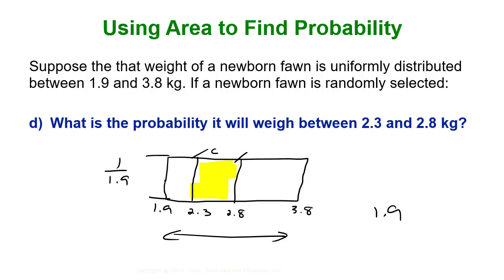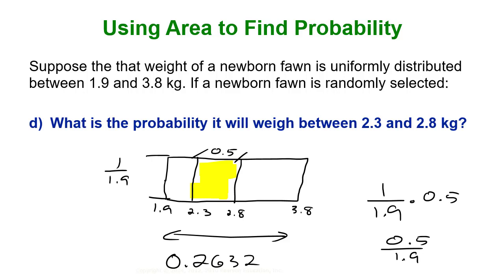The difference of those, which is 0.5. So the probability is just going to be my 1 over 1.9 times 0.5, which just gives us 0.5 over 1.9. Of course, you throw that into your calculator, and you're going to get an answer of 0.2632 if you round to 4 decimals.